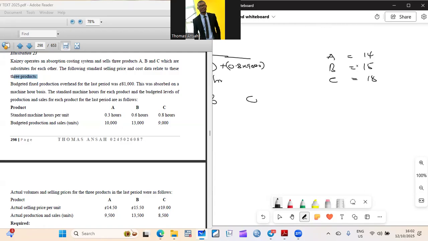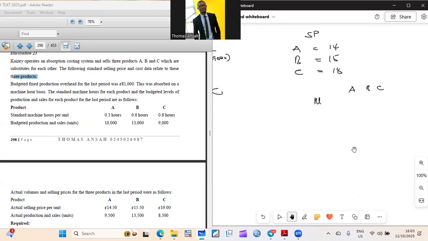Is that okay? So this is the standard selling price. Then let's assume the cost to be the total cost. Now let's assume materials for A, B, and C.